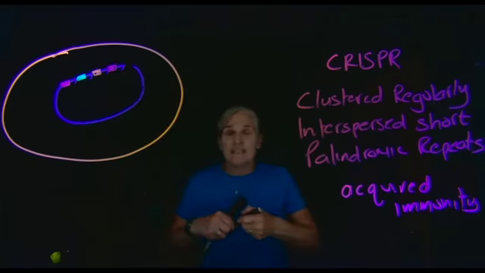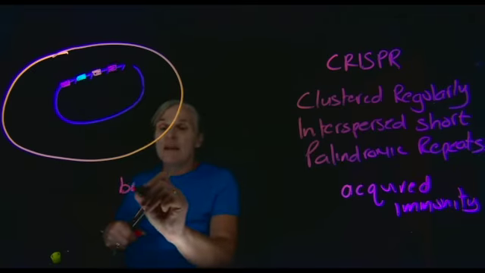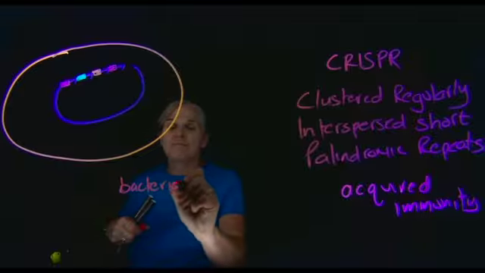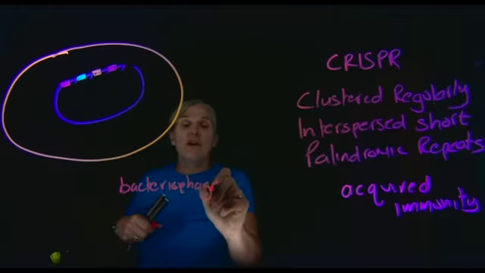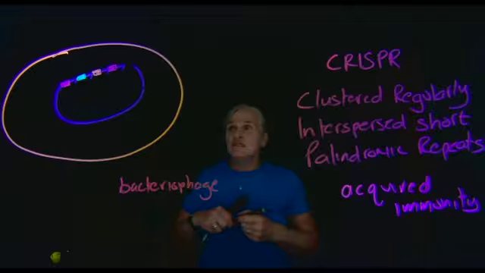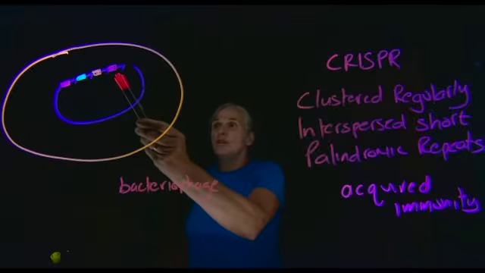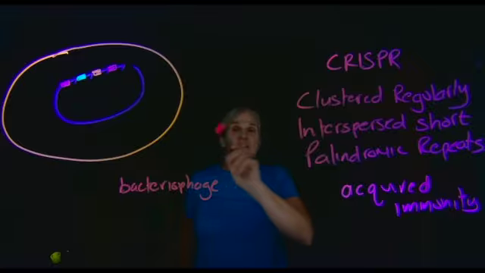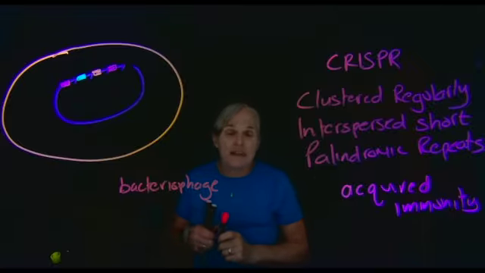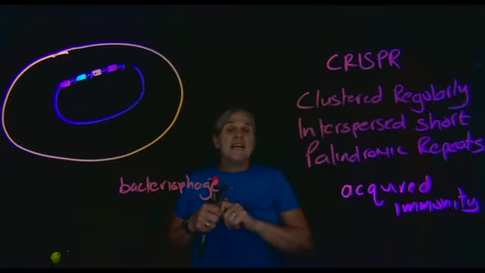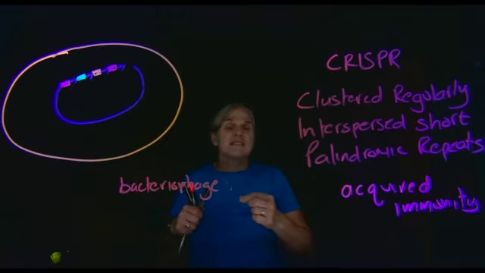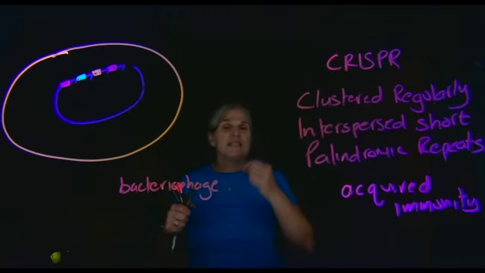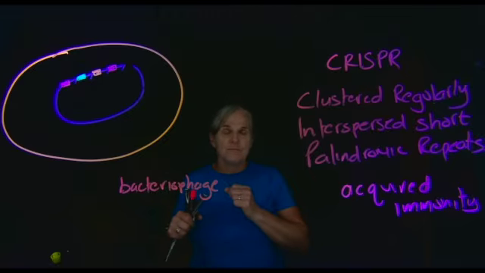Bacterial viruses are called bacteriophage. So the bacterium is storing in its genome a representative sequence from dozens or hundreds of different viruses, which it has previously been infected with.